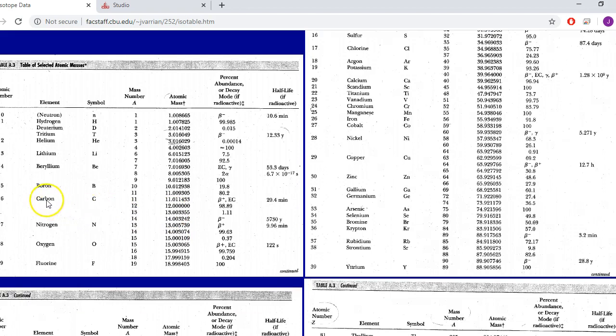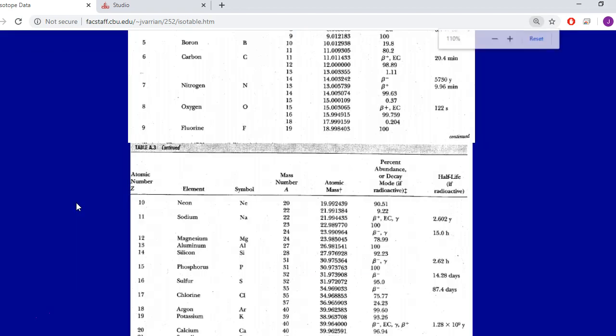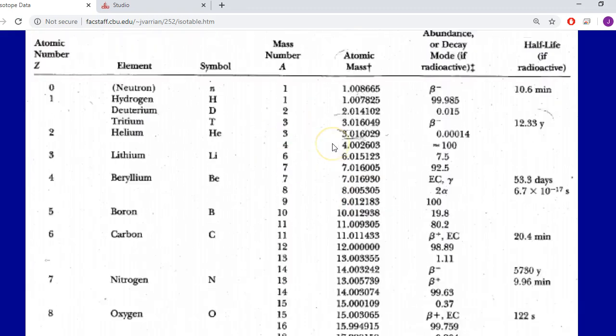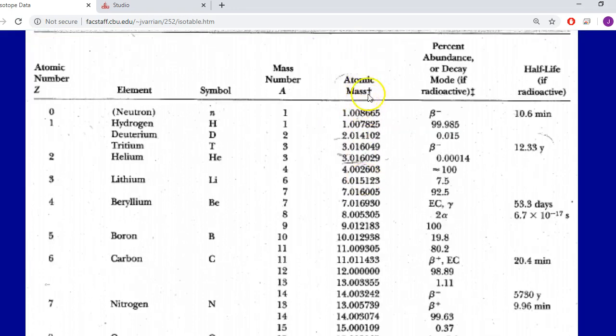For instance, if you look at carbon right here, you can see that it has carbon 11, carbon 12, carbon 13, carbon 14 isotopes listed. The other thing that we're going to use it for is the atomic mass. We'll say more about that in a bit. And also when we get to radioactivity, we're going to use these last two columns.